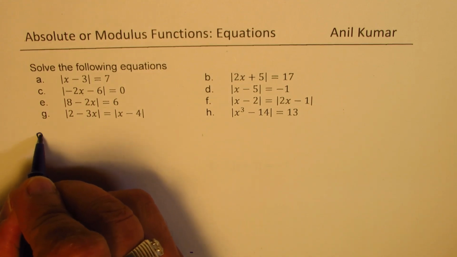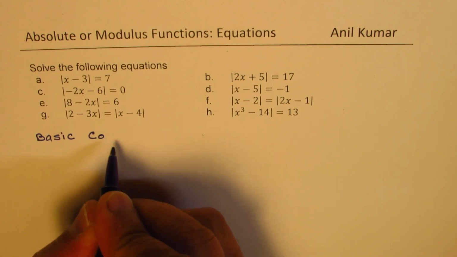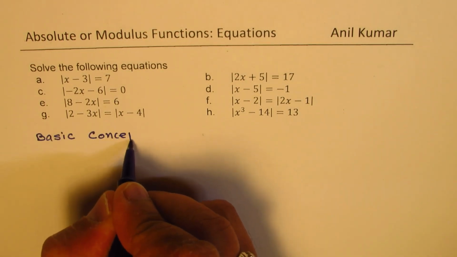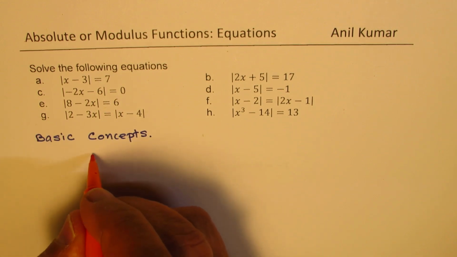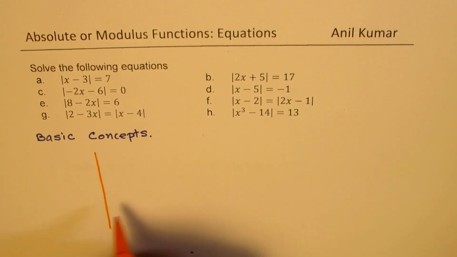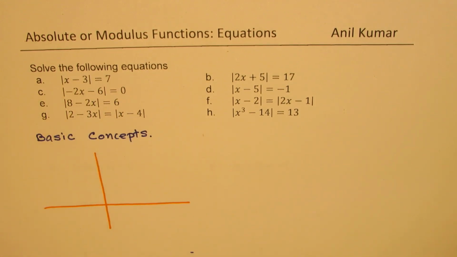Here are a few basic concepts which you need to understand before getting into their solution. First is that whenever we are talking about solution of absolute functions with the type of equations we have taken, you will notice that these equations may have 2 solutions, 1 solution, or no solution, right?